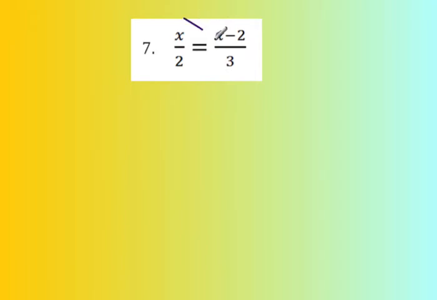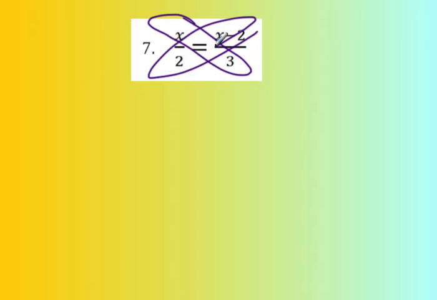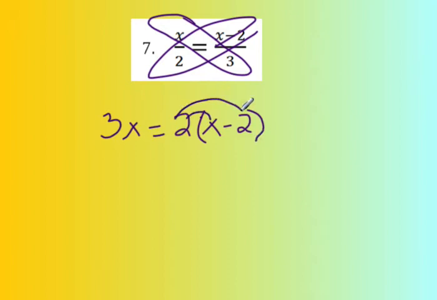Now, let's take a look at number 7. So we're going to cross multiply again because we have two fractions that are set equal to each other. So 3 times x is going to give me 3x. And then I'm going to take the 2 and multiply it by the entire quantity of x minus 2, which is why I put the parentheses there. So now the first thing I want to do is distribute in that 2.